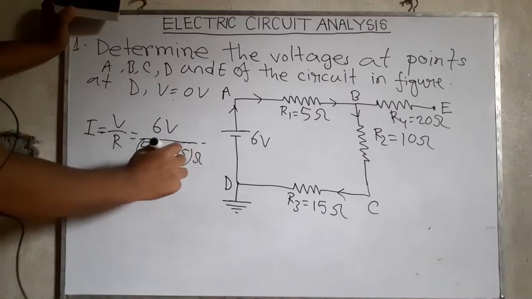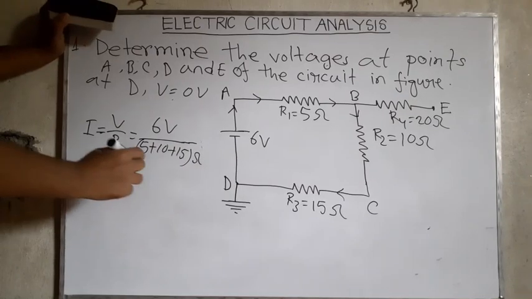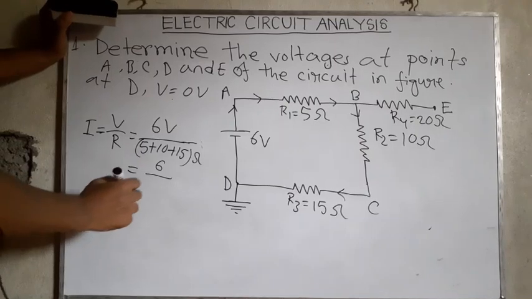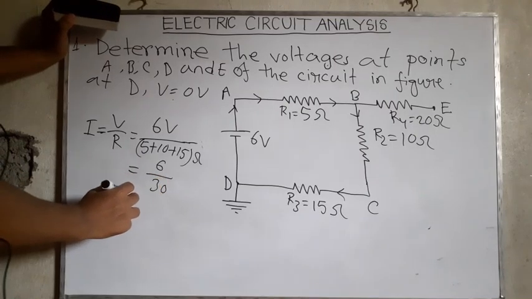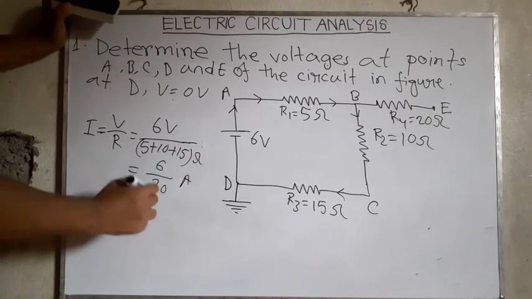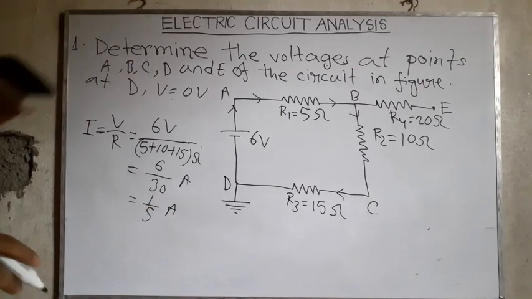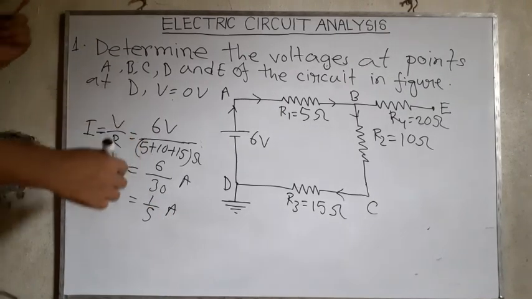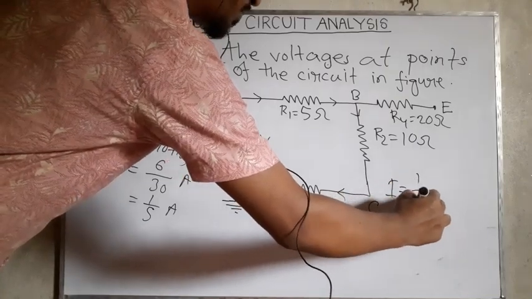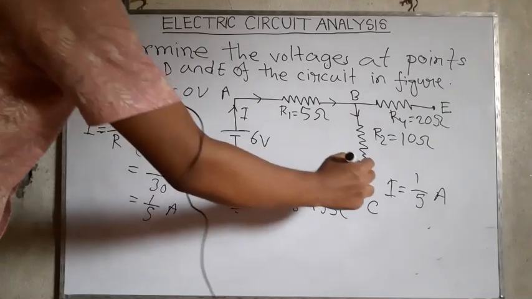This is equal to 6 divided by 30, which is equal to 1 divided by 5 ampere. That is, the current flowing through this circuit I is 1 by 5 ampere.